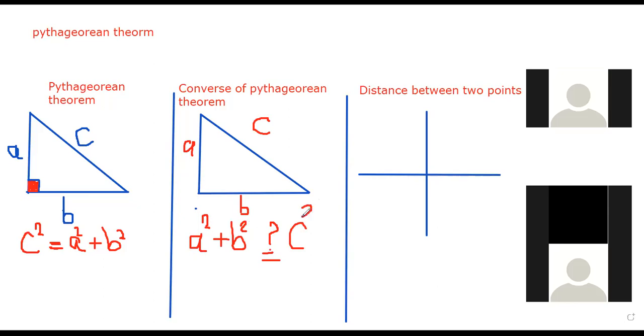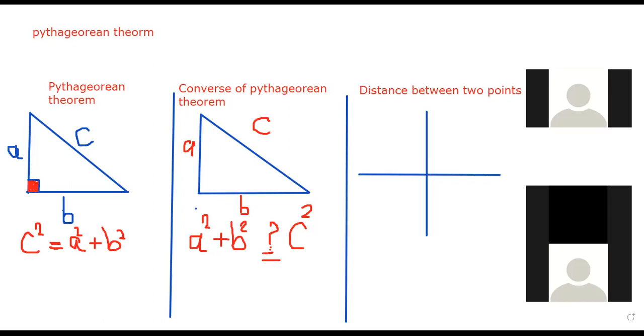If they are equal, then the triangle will be a right angle triangle. If they are not equal, then the triangle will not be a right angle triangle. So for the converse, we have to prove by ourselves whether it is a right angle triangle or not.